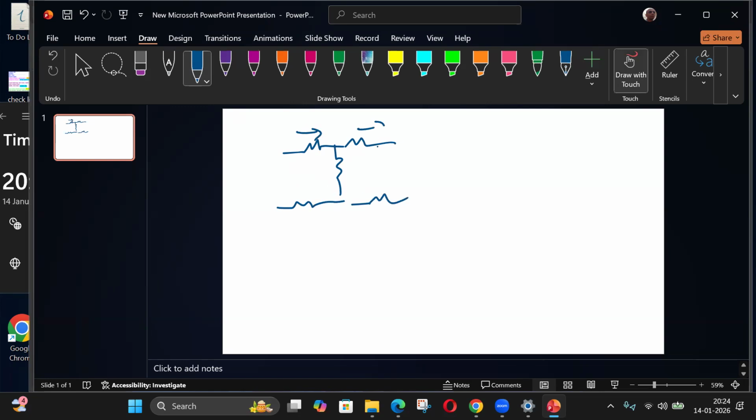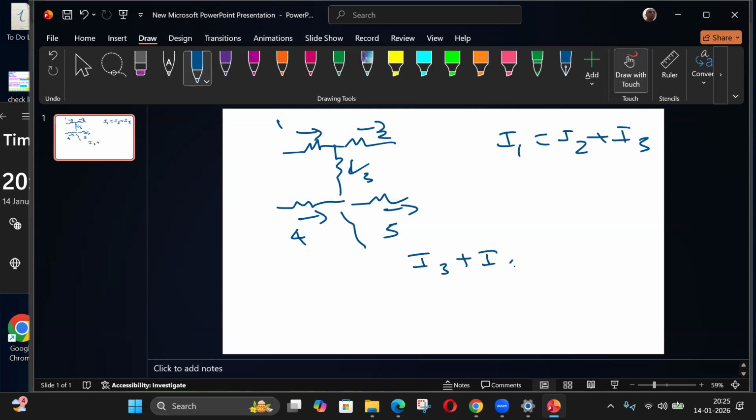This is 1, 2, 3, 4, 5. In this node, I1 equals I2 plus I3. In this node here, entering is I3 plus I4, equal to I5.